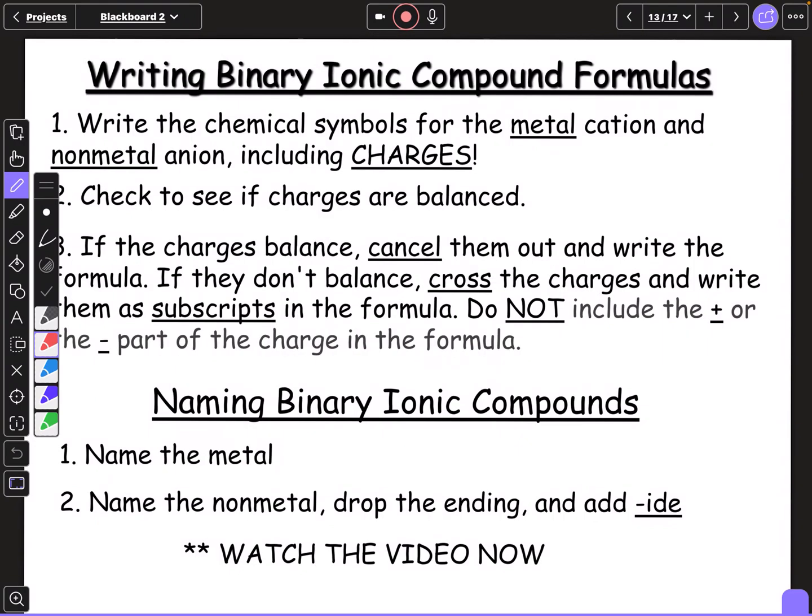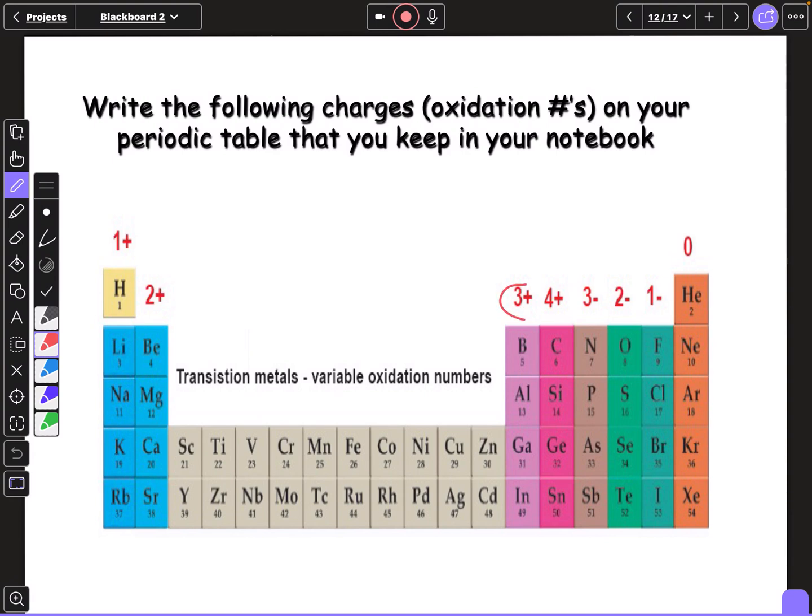Now, writing binary ionic compound formulas, we write the chemical symbols for the metal cation and the nonmetal anion. That's the symbols of the elements, and their charges. This is also called oxidation number.